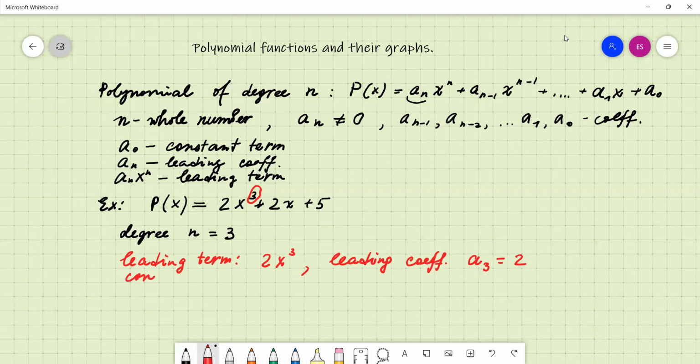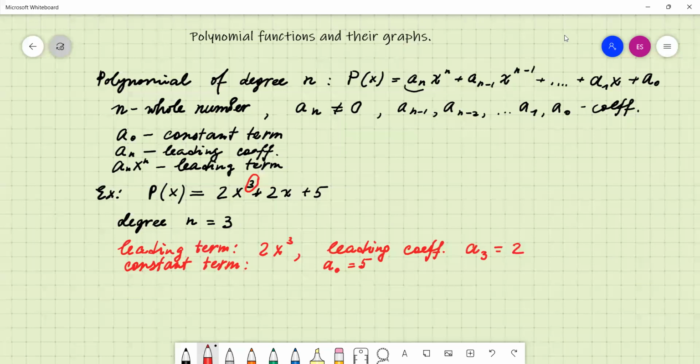The constant term. In our case, a0 equals what? 5. I'm going to write it like this: a0 equals 5. Okay, that's what we have here.